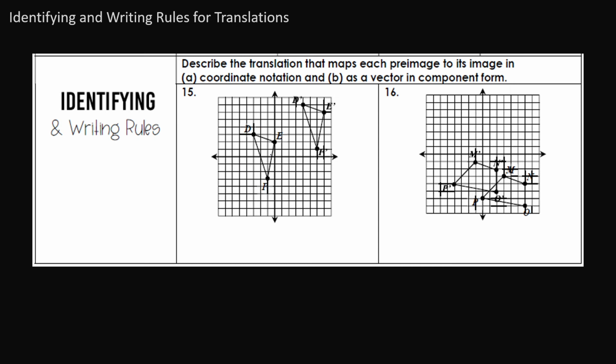So for 15, when I look at the distance from D to D prime, I'm going to count. My horizontal distance is 1, 2, 3, 4, 5, 6, 7 to the right, and 1, 2, 3, 4 up. 7, 4.